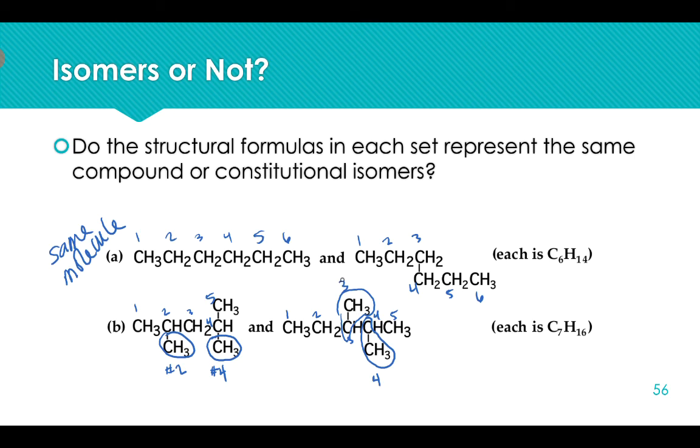So 3 and 4 are right next to each other, and 2 and 4 are not right next to each other. So this carbon here is separating the branches, but in this molecule there is no carbon separator. And so these are different bonding arrangements. These ones are isomers. And so we'll call them constitutional isomers.